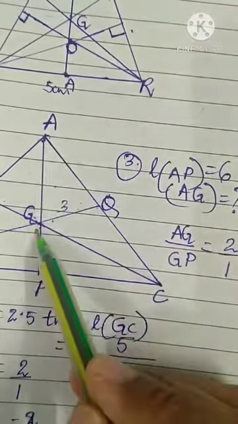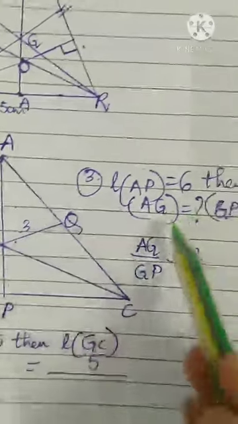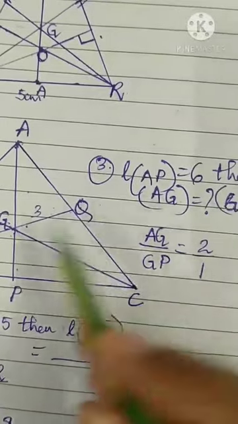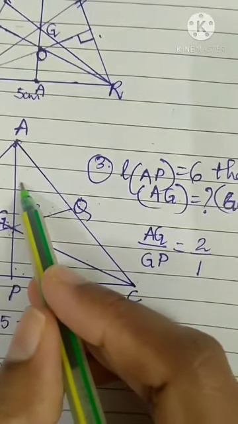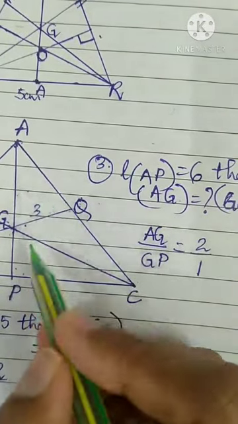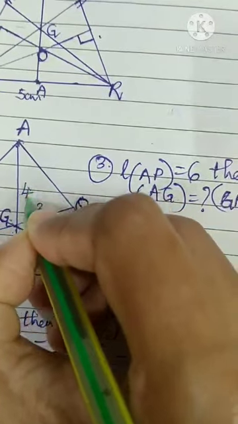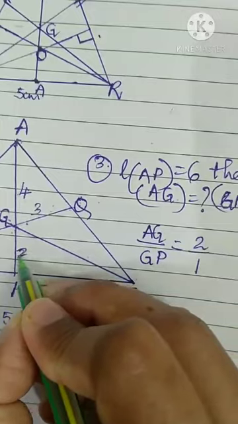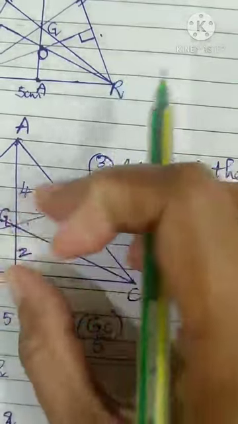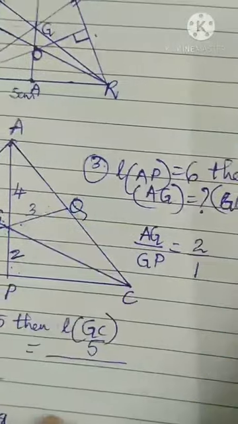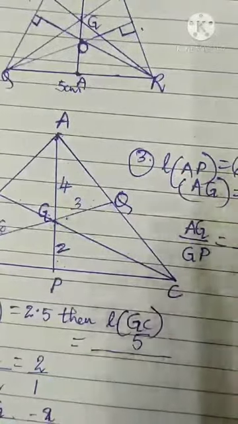How much will be AG? If you add both, you should get 6. How will you divide that? You will give this as 4 and this as 2, no? This part you will give as 4 and the remaining part as 2. The remaining part will always be half of the first part, no? And 4 plus 2 is 6. That is, AP is 6.